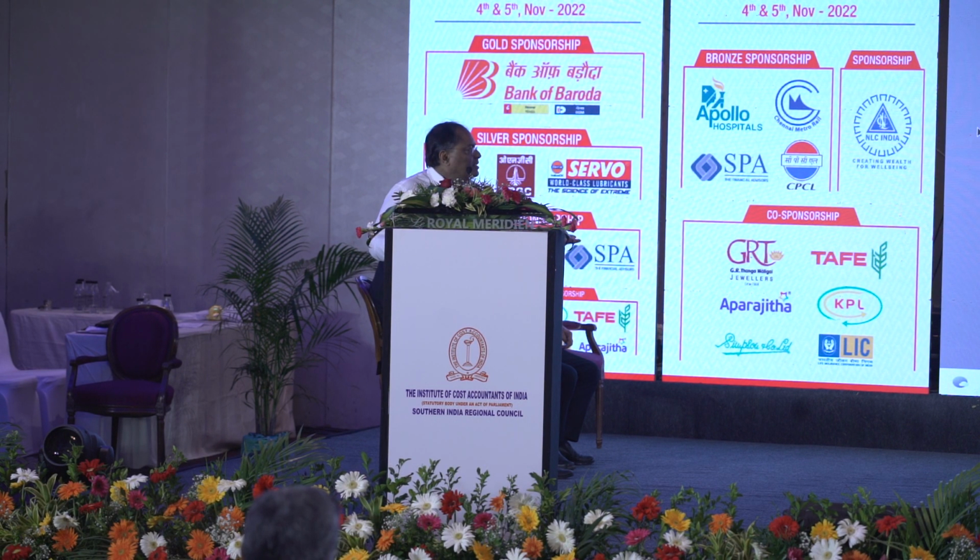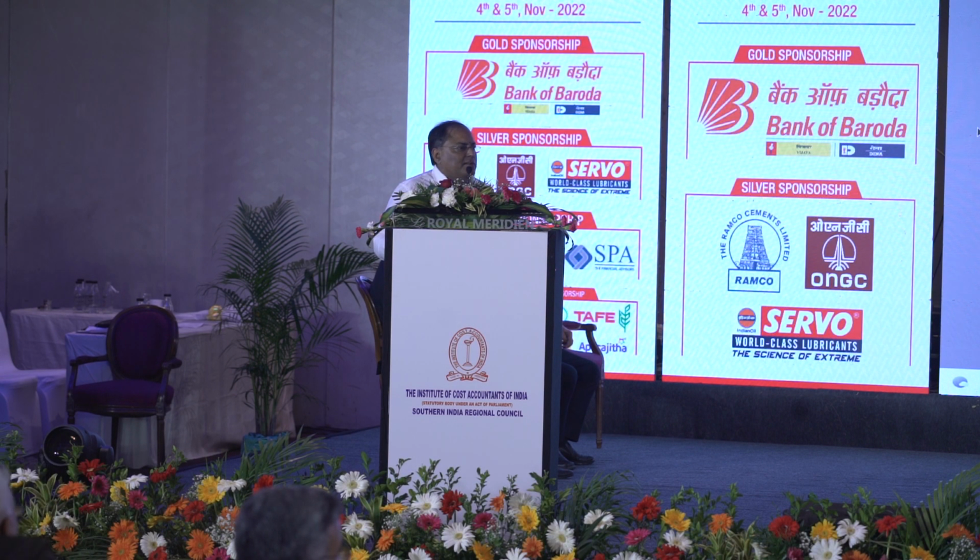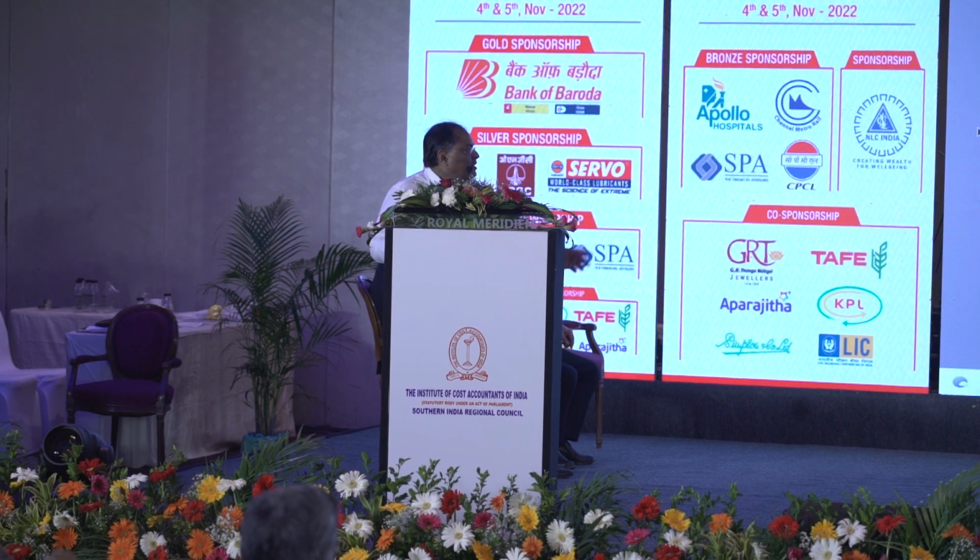We are all familiar with the customer level profitability analysis, which is a report generated by the cost accountants of any organization, and the pricing decisions using dynamic pricing, not just cost-based pricing. So these are some of the very good tools which the cost accountant uses.